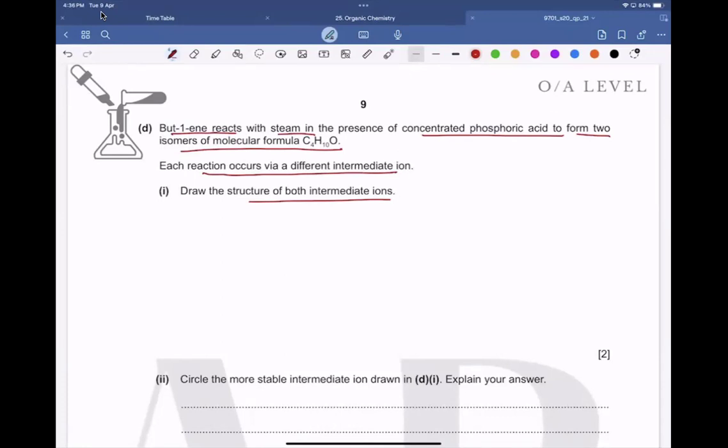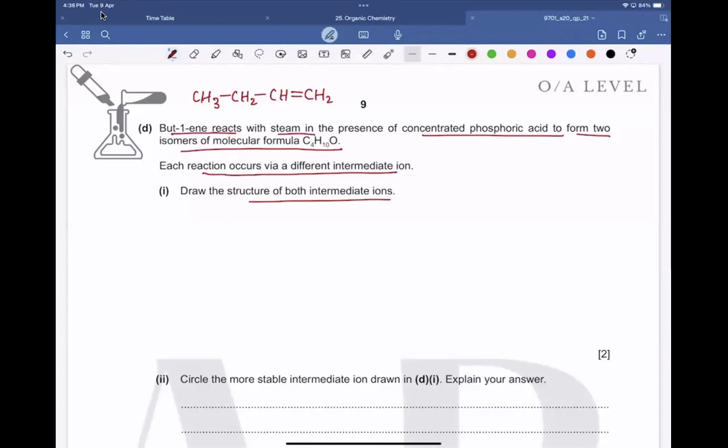So if you recall the butene, let me show you. It's like this: CH3, CH2, CH, double bond CH2. So it's a butene, right? And it would react with the hydrogen first, as we have seen when reacting with HBr.